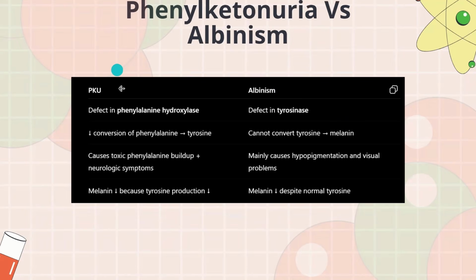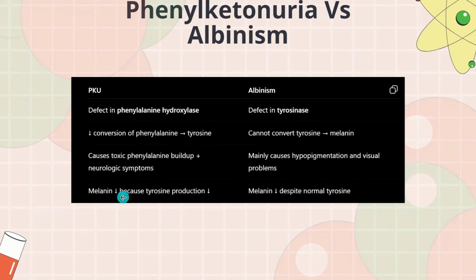PKU is a defect in phenylalanine hydroxylase, while albinism is a defect in tyrosinase or tyrosine transporters. Here, PKU has decreased conversion of phenylalanine to tyrosine. Here, it cannot convert tyrosine to melanin. PKU causes toxic phenylalanine buildup plus neurological symptoms, while albinism causes hypopigmentation and visual problems.